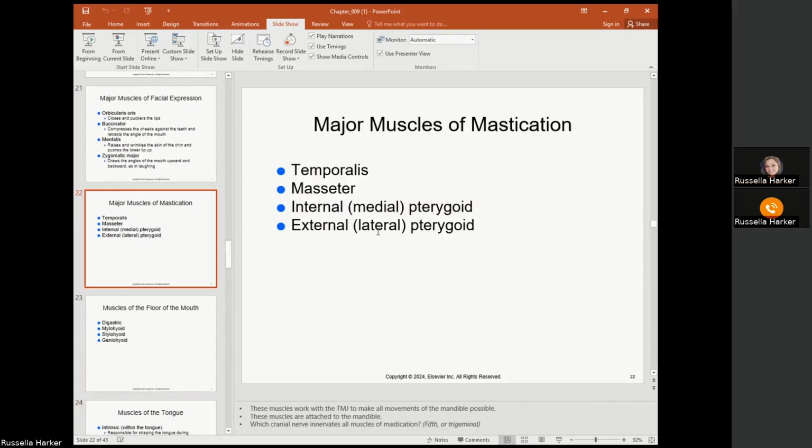For the major muscles of mastication, we have the temporalis, the masseter, the internal or medial pterygoid, and the external or lateral pterygoid. The muscles of mastication are 4 pairs of muscles attached to the mandible. These muscles work with the TMJ to make all movements of the mandible possible. The mandibular division of the 5th cranial, or the trigeminal nerve, innervates all the muscles of mastication.